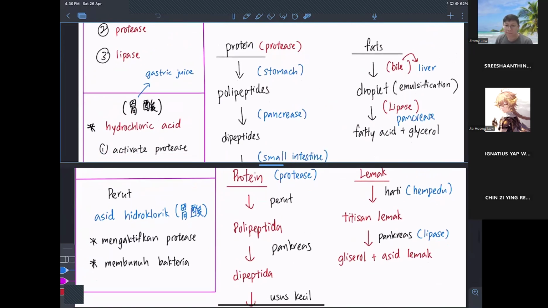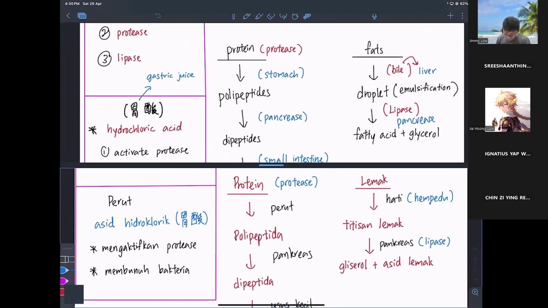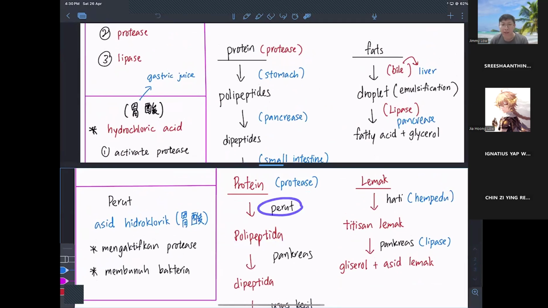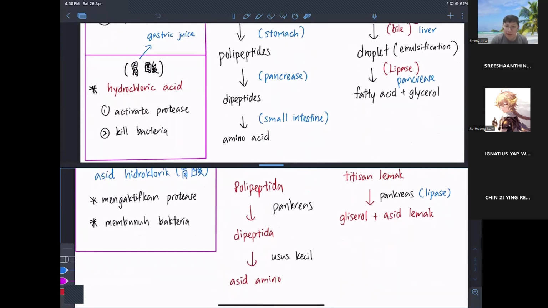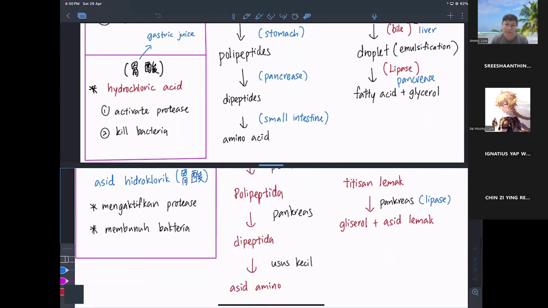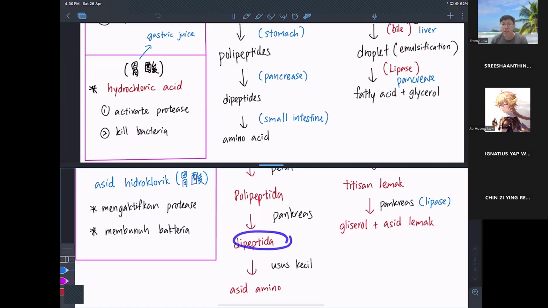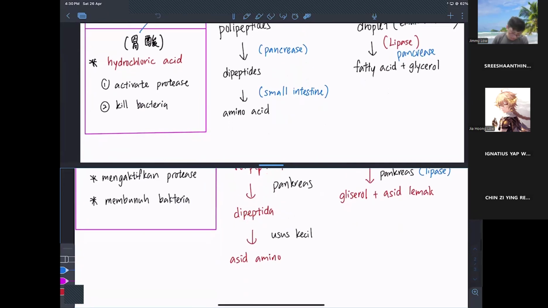Protease acts when protein is digested to polypeptides. The first phase happens in your stomach. After that, it happens in your pancreas. The pancreas breaks down the polypeptides into dipeptides. And then in the end, dipeptides will be digested into amino acids. This is the final form of your protein, and it happens in your small intestine.